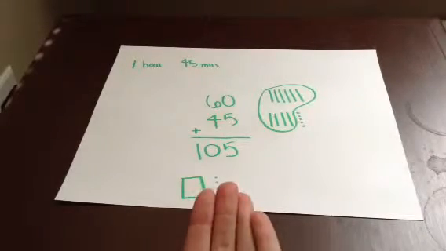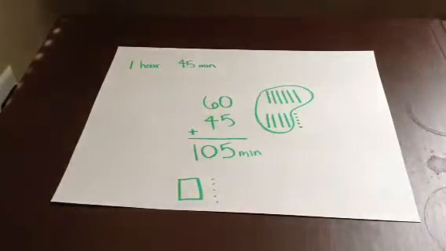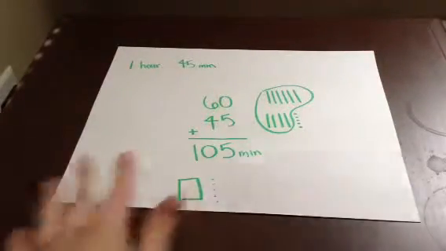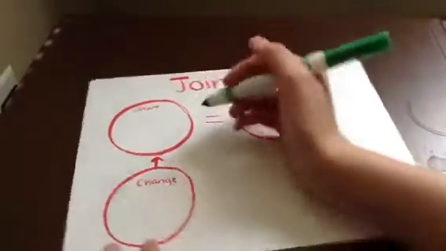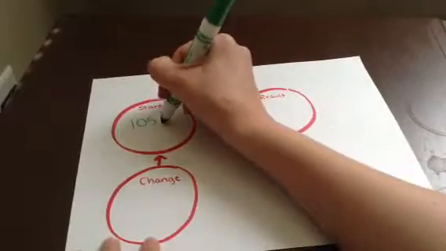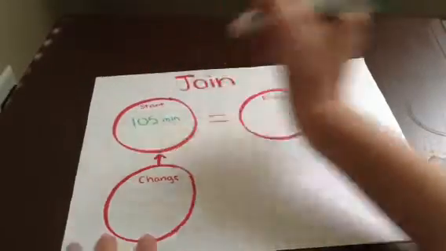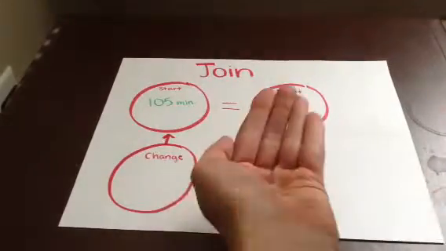We have an amount, which now we know is 105 minutes, and I can take that and plug it into my join set model. So we're starting with 105 minutes. We have an amount, something's joining it.